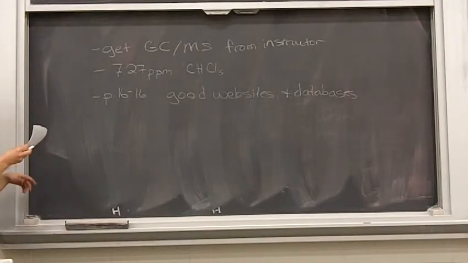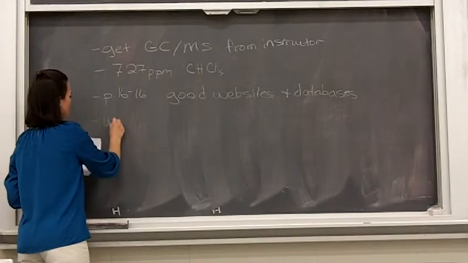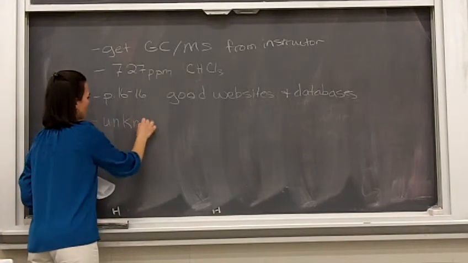Like I mentioned, for the NMR data table, make sure you get that information from your lab prof. Remember, the unknowns you should be able to find in the back of your lab manual.